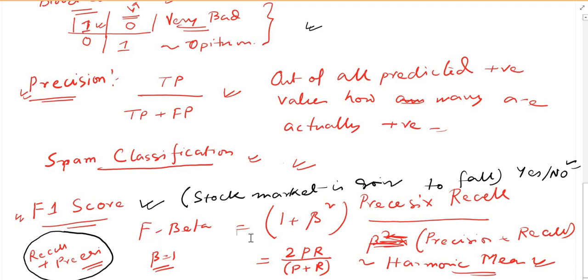In that case, you have to use the F1 score. When you are doing the F1 score, the formula is 2PR divided by P plus R, which is nothing but your harmonic mean, and that's the way we calculate the F1 score.